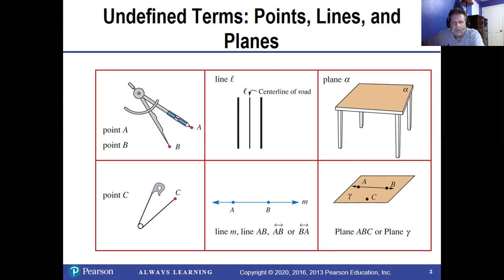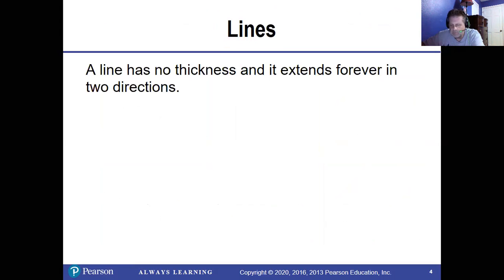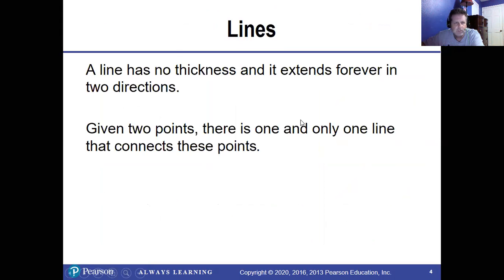All right, let's talk about why they are undefined. A line has no thickness and it extends forever in 2 directions. Given any 2 points, there is one and only one line that can go through those 2 points. In other words, it doesn't matter where you draw the 2 points, there is only one particular line that goes through those 2.